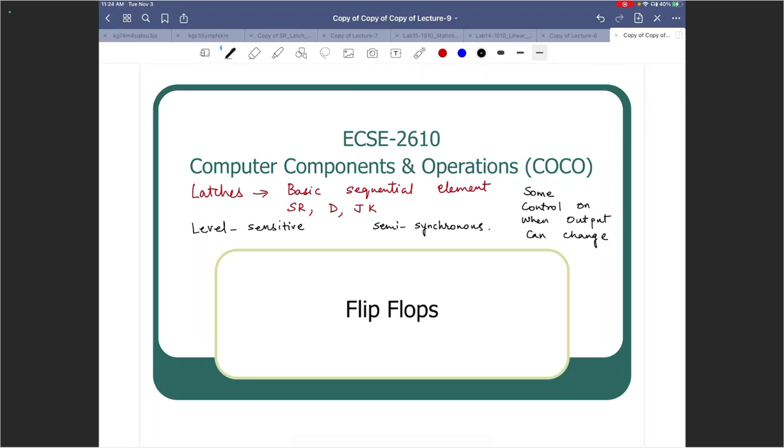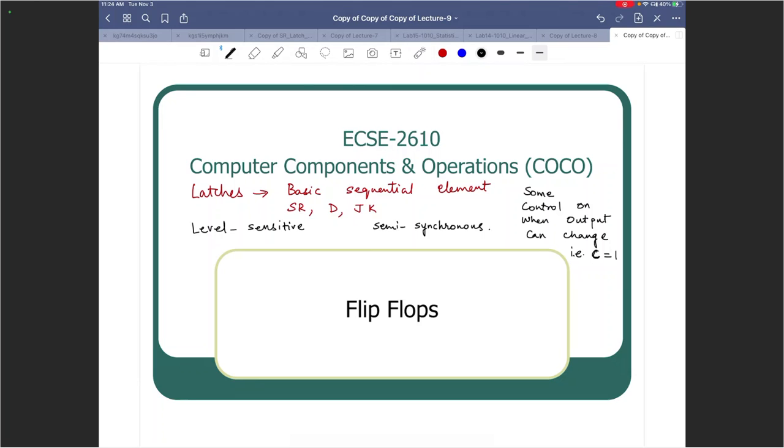And from earlier, if you go back to your latches lecture, you will see that when we made the C input 1, that's when we were allowing the output to change. So we had some control over when the output can change.